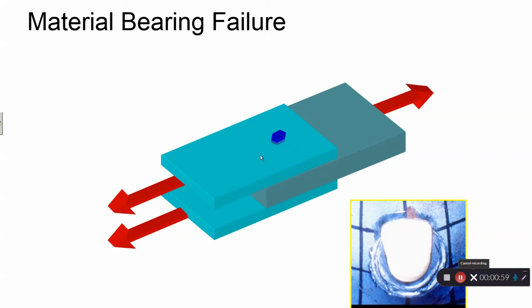The contact between the fastener and the connected part will exist over approximately half the circumference of the fastener when the load is applied. So the bearing failure is an excessive elongation of the hole in the plate.